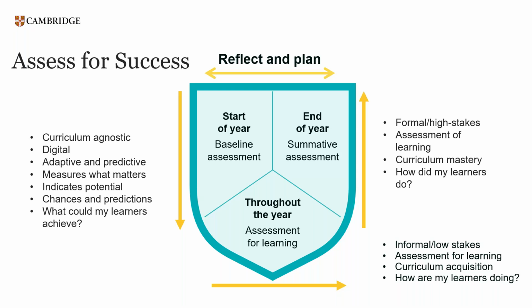And then summative assessment at the end of the year helps you to understand how your learners did, which parts of this year's curriculum they mastered. And then this cycle repeats yearly. So you're going to reflect and use your assessment data actually at all points during this year to inform your planning at each step.